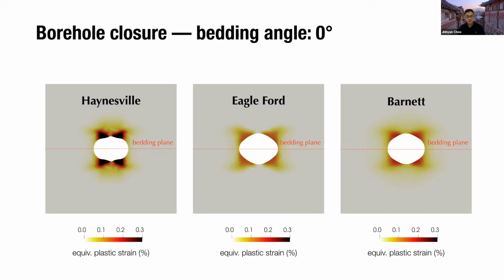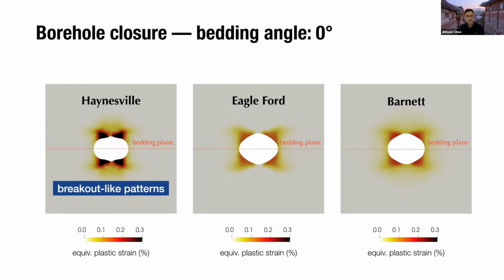And the specific deformation pattern manifests a little bit differently. Especially for Haynesville shale, we can see the pattern is like breakout behavior, and also the plastic strain developed much more intensely than others.